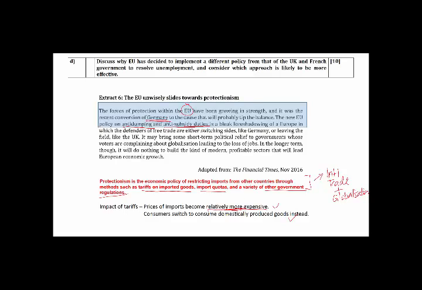Previously, these imports could be relatively cheaper compared to domestically produced goods. But right now, with the tariffs imposed, your imported goods become relatively more expensive. So your German consumers might choose to consume domestically produced goods instead, because the price of imports becomes relatively more expensive. And what this means is that the demand for your locally produced goods and services will increase.